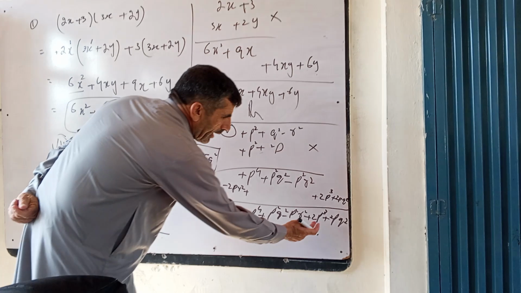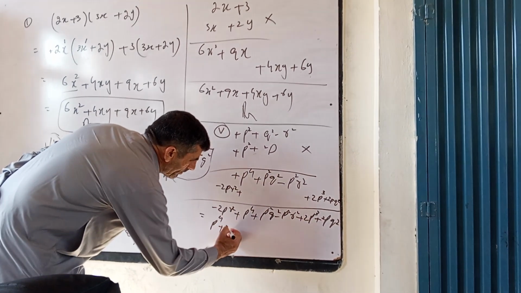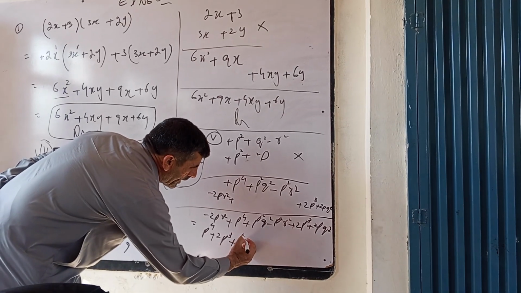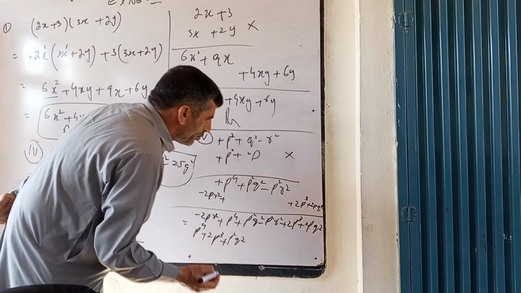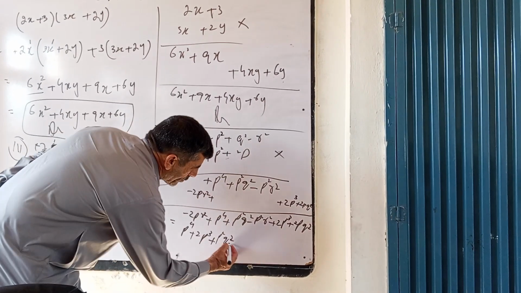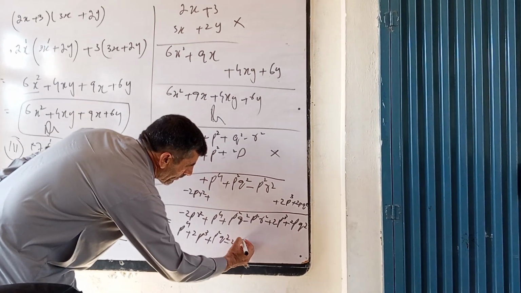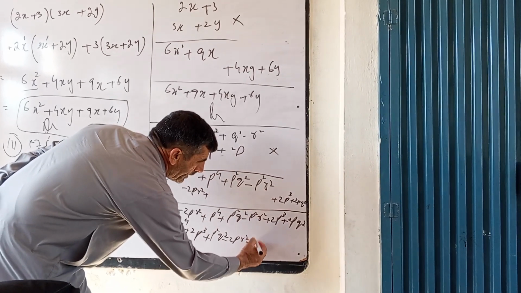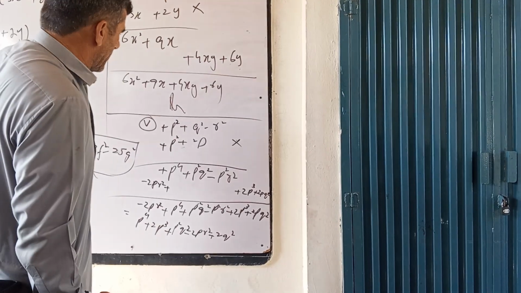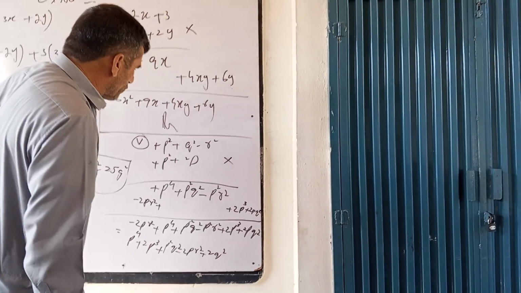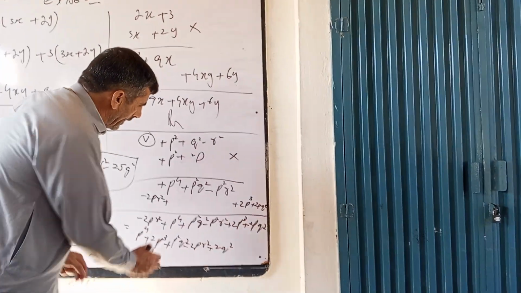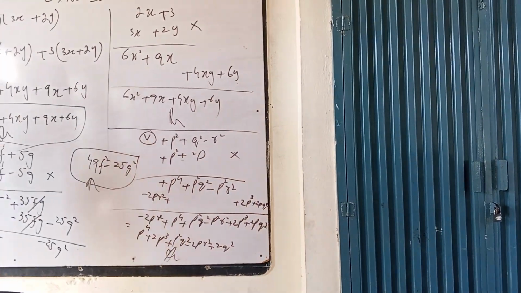Now plus 2p cube plus p square q square minus p square r square minus 2p r square plus 2p q square. P square q square is also present, I have already written it, so it's the final answer.